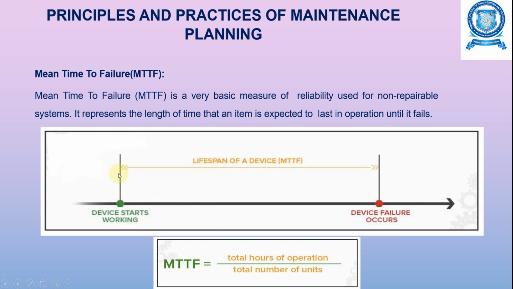The time period between when the device starts working and when the device failure occurs is the lifespan of a device. That can be represented by a formula: MTTF, mean time to failure, is the total hours of operation divided by the total number of units. So this is mean time to failure.